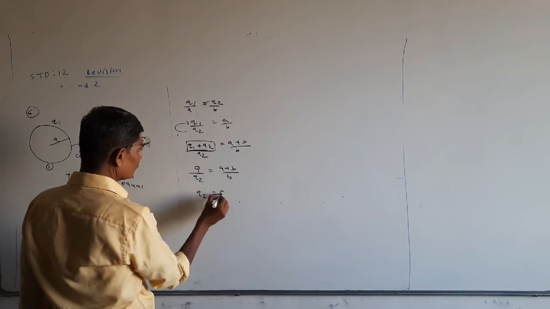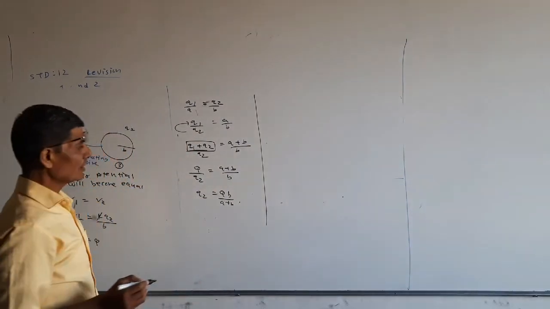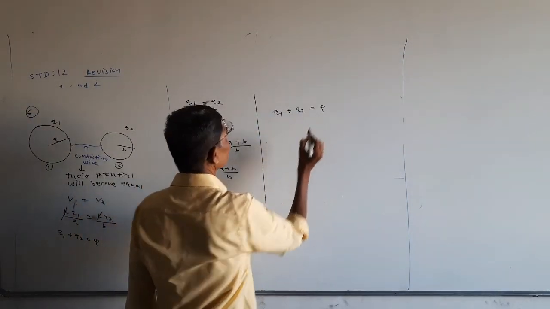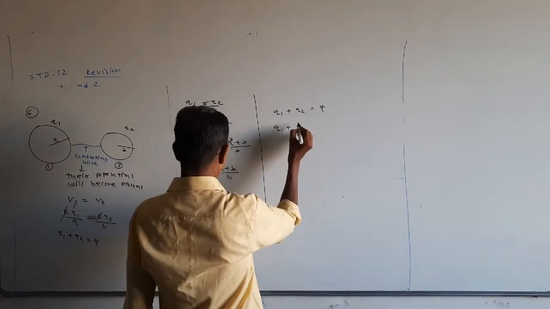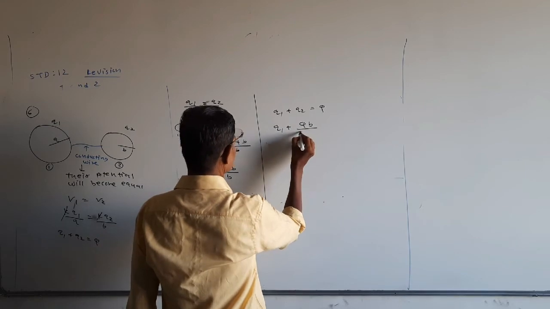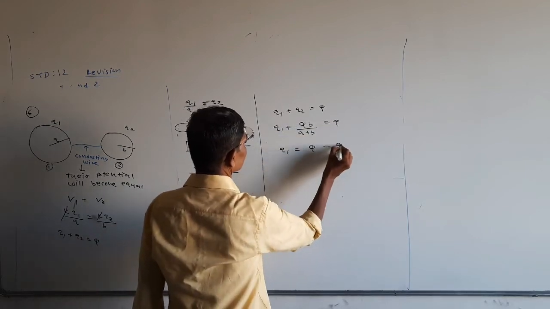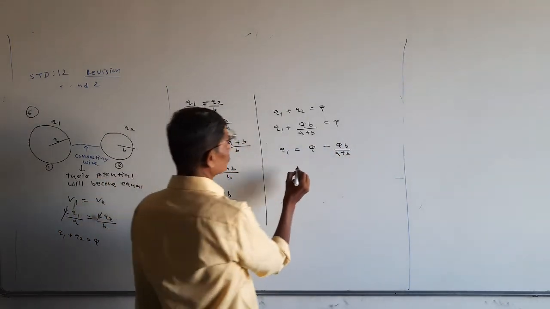So Q2 will be QB upon A plus B. Now Q1 plus Q2 is Q. Okay, Q is common.